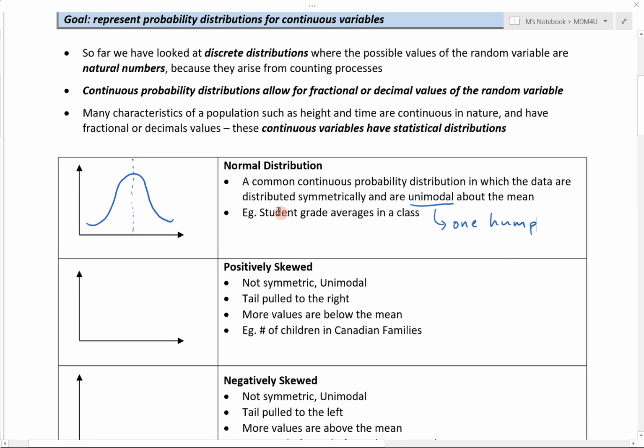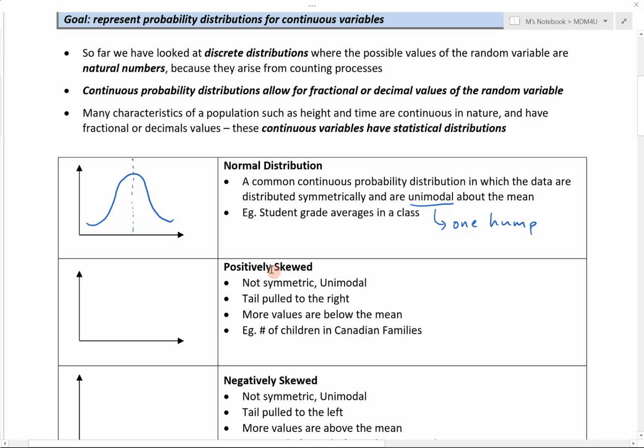An example could be student grade averages in a class. A lot of things in scientific studies, nature, and randomly occurring events can usually be modeled using a normal distribution. So it's a very common distribution that we see in our study of mathematics.